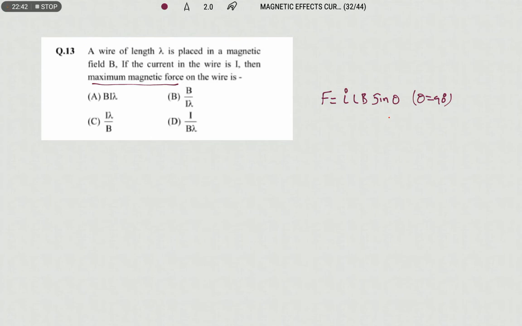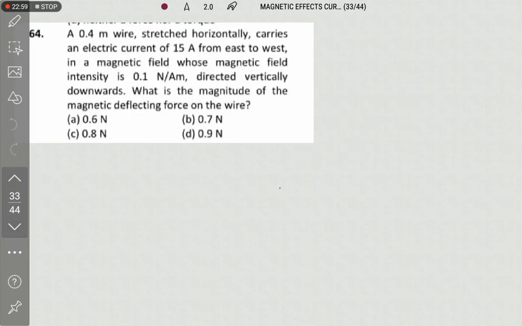Therefore theta is 90, and F is equal to I, in place of L lambda, B. So F is equal to B I lambda according to our given options. So A is the correct one. Well, let us see the next one.